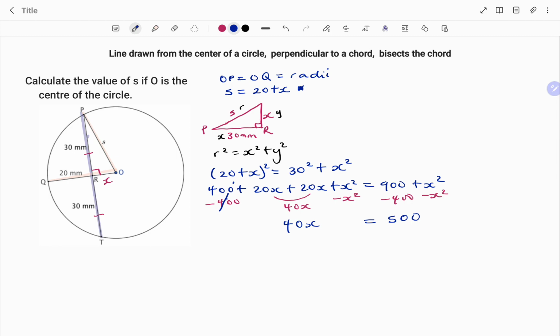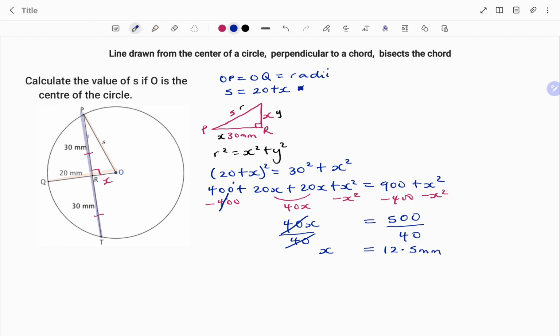Dividing both sides by 40. Remember, whatever you do on your left, you do on your right. That's the balance method. 40 in 40, that's 1. I have X equals 500 divided by 40. I have 12.5 millimeters.